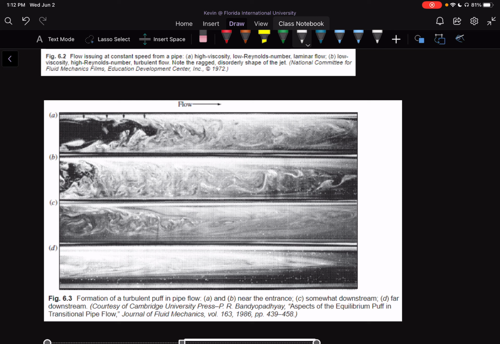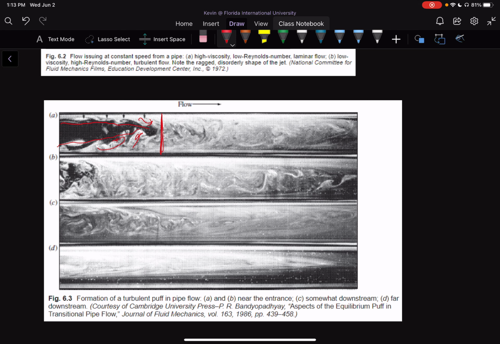In this first section here in A, we have flow coming in, and it's pretty organized flow, but we start having these waves moving up and increasing the turbulence of the flow.